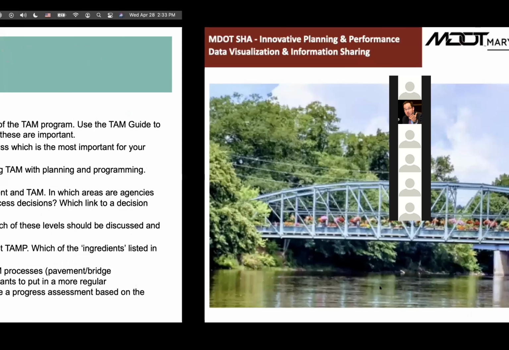It's one of the nice things about our current schedule that we have an update to our long range plan that's also happening at the same time, and we're having some good synergy, much as Jack mentioned from MassDOT's perspective, between thinking about our updates to our long range plan and how that's going to be reflected in and impact the TAMP and vice versa. So definitely excited to see how that comes together.